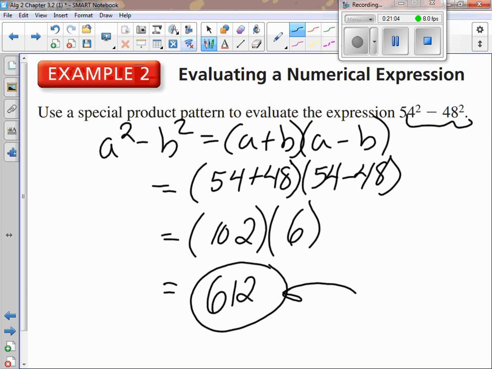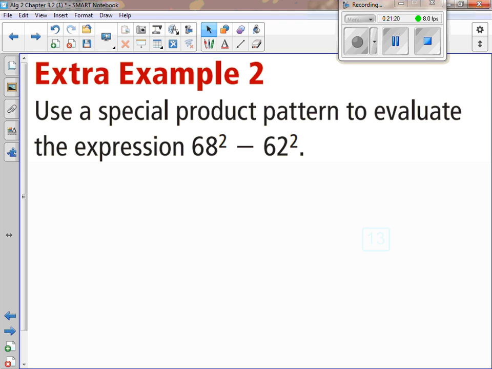You got 612, didn't you? Yeah, that's the answer. So you could just plug in straight as long as there's no variable. Yep. Since there's no variables on these here, we're just evaluating for the number. We can plug it into a calculator. So, I mean, we can do the exact same thing here. We can do 68 squared minus 62 squared in the calculator, and it'll tell us exactly what the answer is.